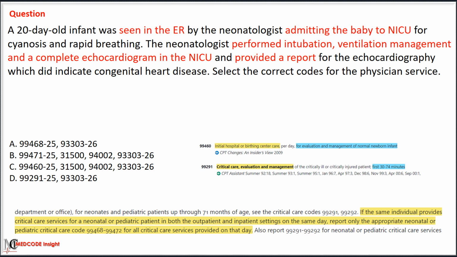On the basis of this guideline, we will first eliminate option C, which includes code 99460, which is used for initial hospital or birth center care per day for the evaluation and management of a normal newborn infant. And option D, which includes code 99291, which is used for outpatient critical care services.